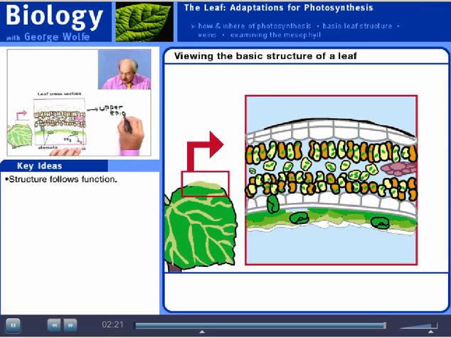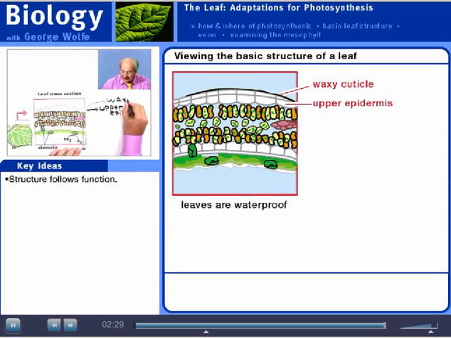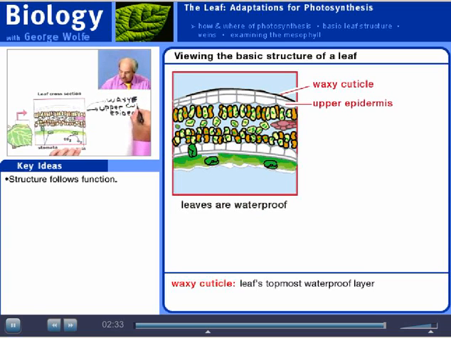And on top of the upper epidermis is quite often a waxy layer called the cuticle. That's what gives it its waterproofness, the waxy cuticle. Well, we'll get back to that. Why would the top of a leaf be waterproof? But I don't want to talk about that till we get to the bottom of the leaf. More on that in a second.